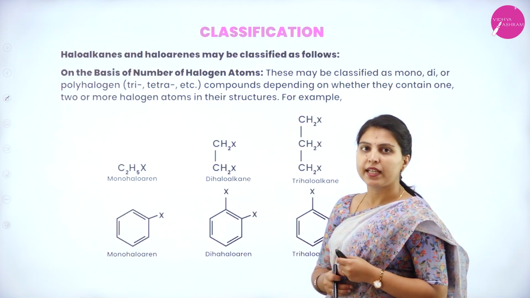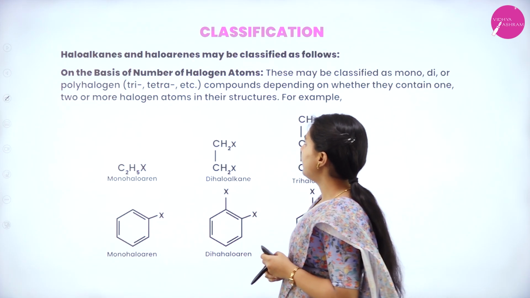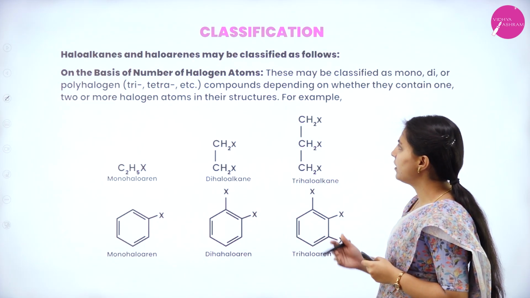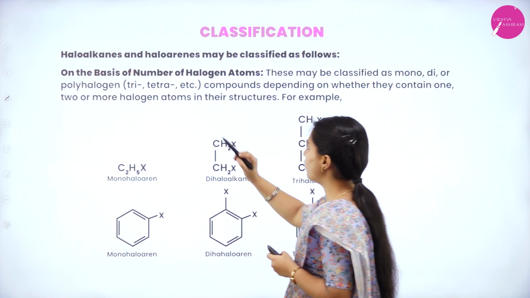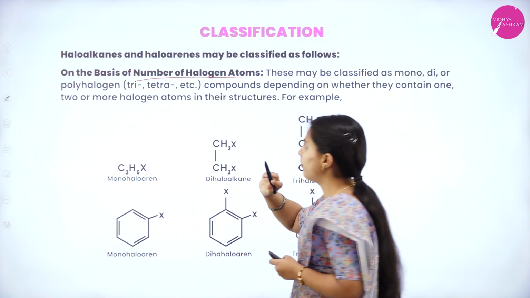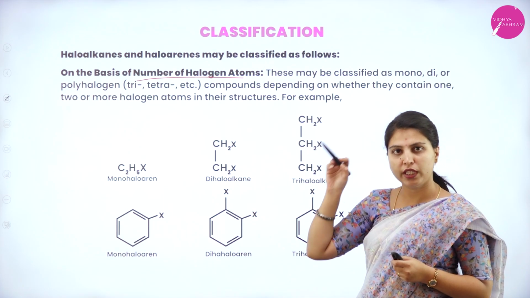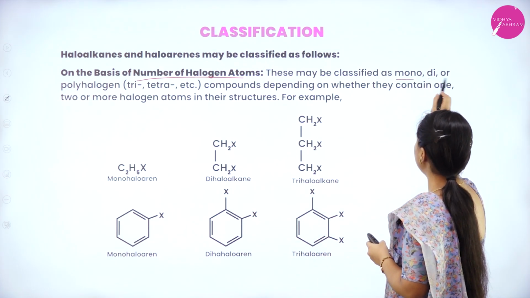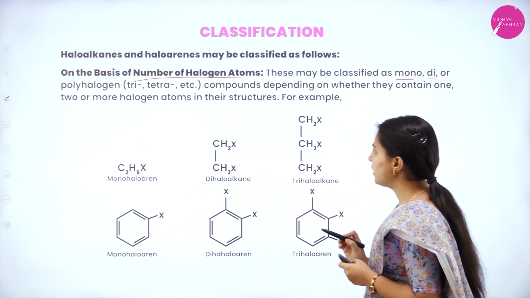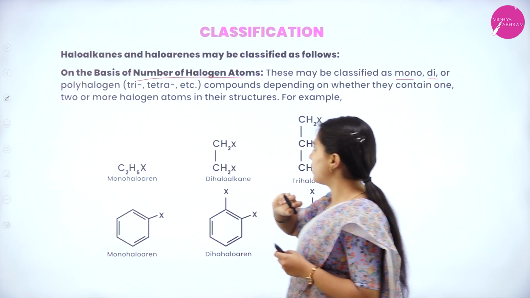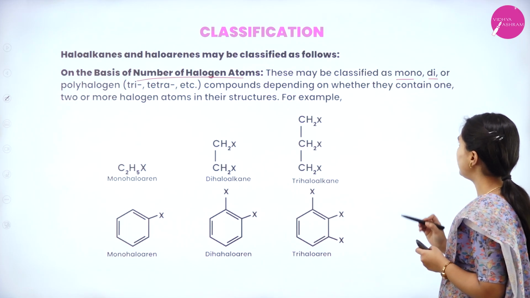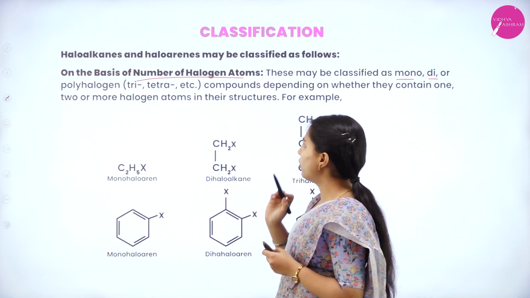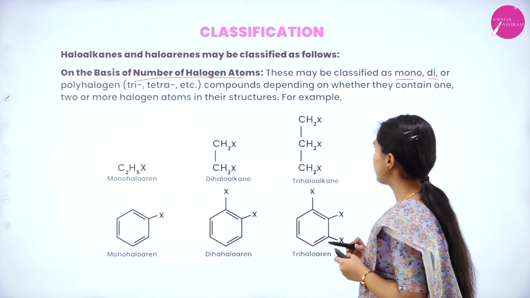Next we will see classification. Haloalkanes and haloarenes may be classified on the basis of the number of halogen atoms. On the basis of the number of halogen atoms added to the hydrocarbon, they are classified as mono, di or polyhalogen compounds. In poly, it may be tri, tetra etc., depending on whether they contain 1, 2 or more halogen atoms in their structure.